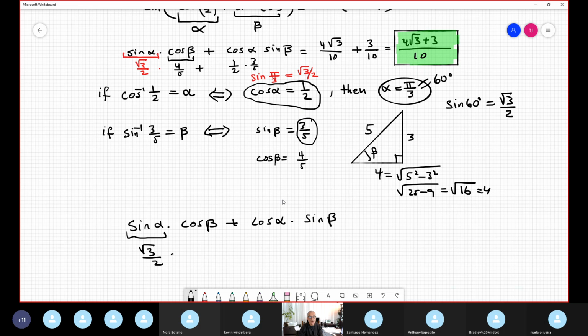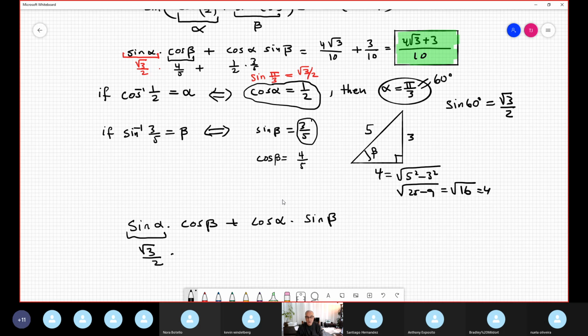Multiplication cosine beta. Cosine beta in the triangle. Beta is not a fundamental angle. Alpha, yes. Alpha is 60 degrees, pi over 3. And beta, no. Beta, I have no idea. It's a crazy, non-fundamental, intermediate angle. The only possibility is to compute sine or cosine by approximation using the calculator, no? But no, I don't want approximation. I want the exact answer.